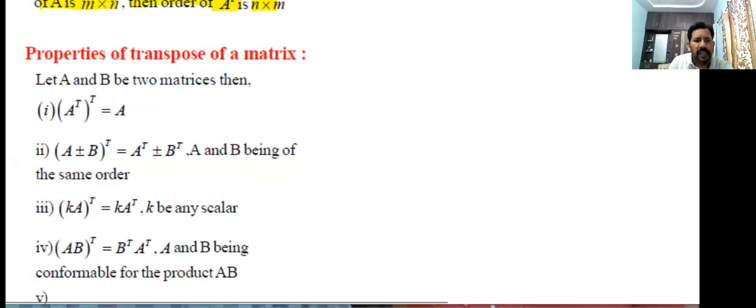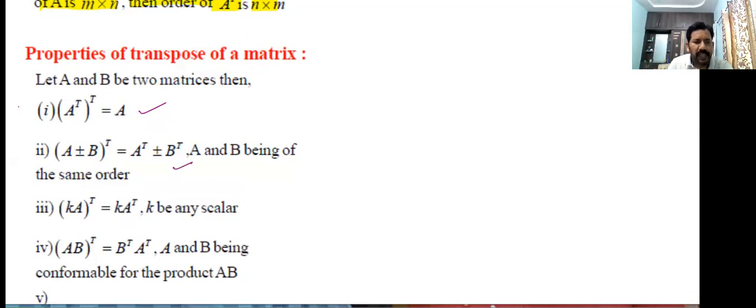First one, A transpose whole transpose is equal to A. A plus B whole transpose is equal to A transpose plus B transpose. A minus B whole transpose is equal to A transpose minus B transpose.